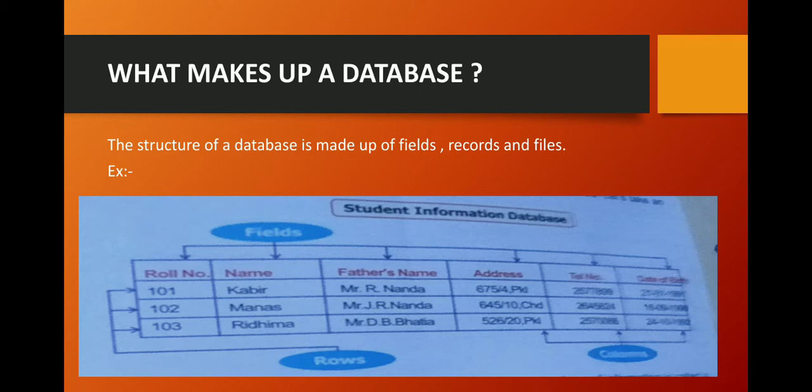Then after, in roll number 101, the name is given, then father's name, then address. These all are the records. And the vertical ones are known as columns. So you are able to understand, this is the table, this is the field and this is the row.